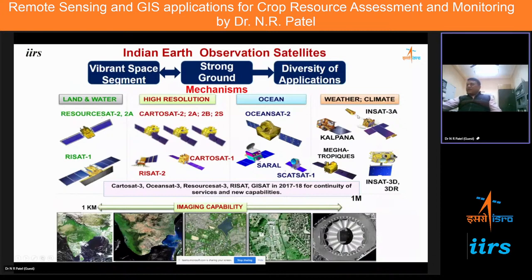Then there are weather related satellites, INSAT 3D, SCATSAT, and also INSAT. All those provide weather related information that can be integrated with the land and water related information to make certain informed decisions related to agriculture. As of now, we have the capability to get satellite images at a spatial resolution of almost 1 meter to 1 kilometer at different time intervals.